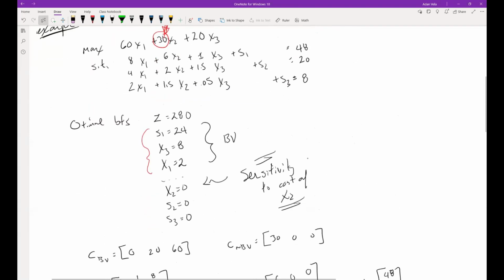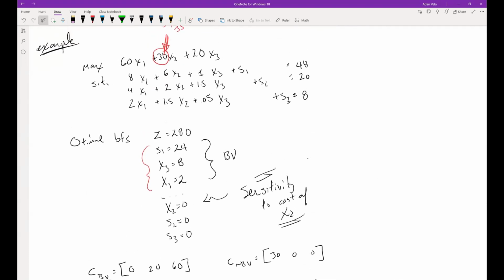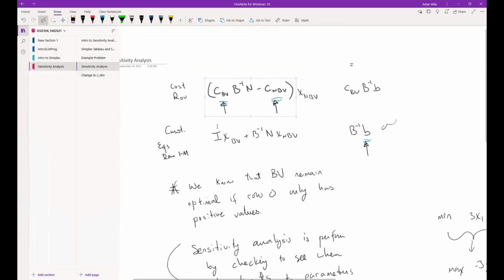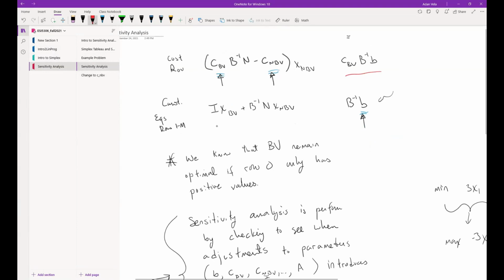Because X2 remains 0, X1 remains the same, X3 remains the same, S1 remains the same, and even Z, the objective value, remains the same. We can actually see that. If you look at the summary that we have right here, this is the objective value, and you can see the objective value has nothing to do with CNBV.